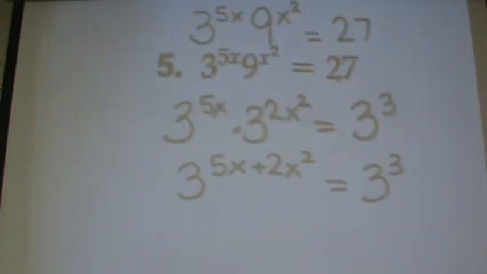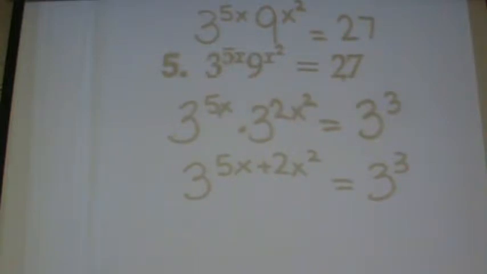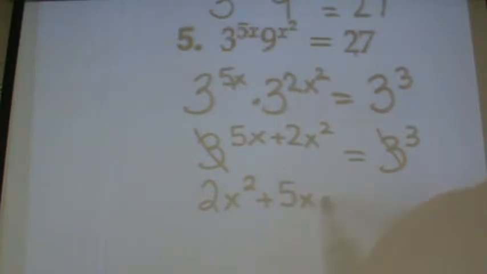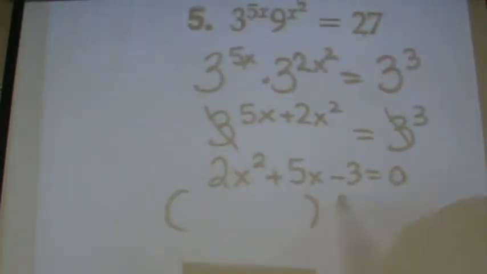Now, what do you think you do? Cross out your 3's. Subtract 4. Oh, not 3. My bad. My fault. Now, what do you have here? 5x plus 2x squared equals 3. You have a quadratic. So can I organize it all? 2x squared plus 5x minus 3. Good. And you know how to factor this?